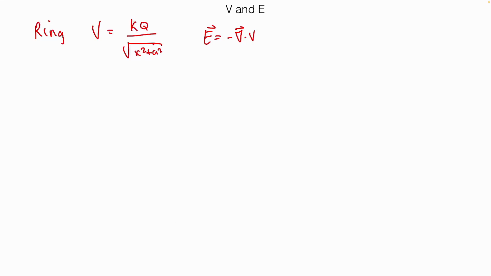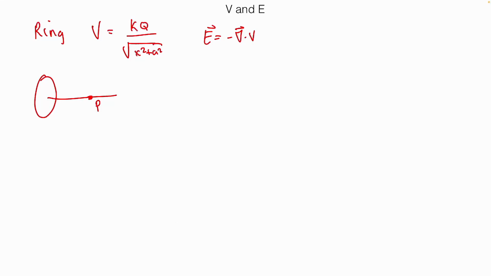We really do have to be careful now because we're introducing vectors back into the situation. For a ring, finding the electric field at point P, what do we know about all the other axes other than the x-axis direction? The electric field vectors at point P, which way are they going to be pointing?